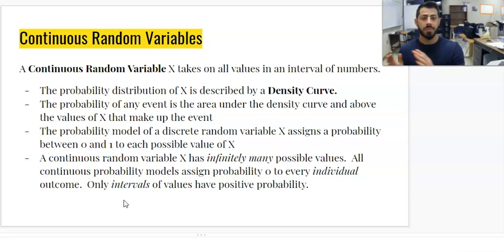If you're looking at something that has infinitely many possible values between a range, then if you pick any one value, the probability of getting that, all of you calculus people will understand, is infinitely close to 0. It becomes 0, the closer you get to one single value. So we don't look at individual probabilities, we look at ranges of probabilities for continuous random variables.